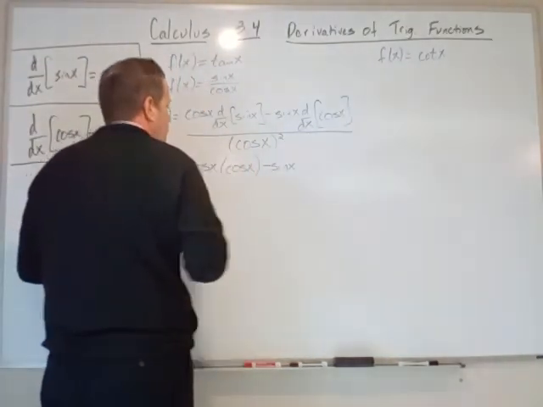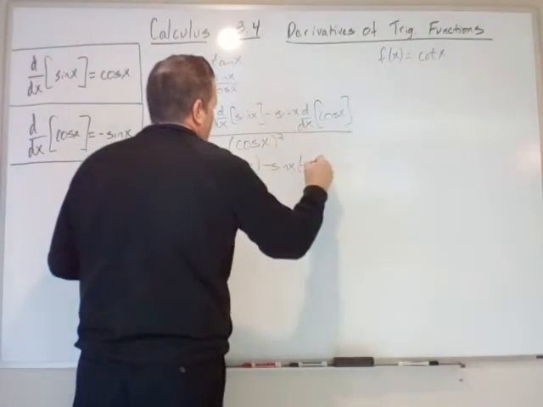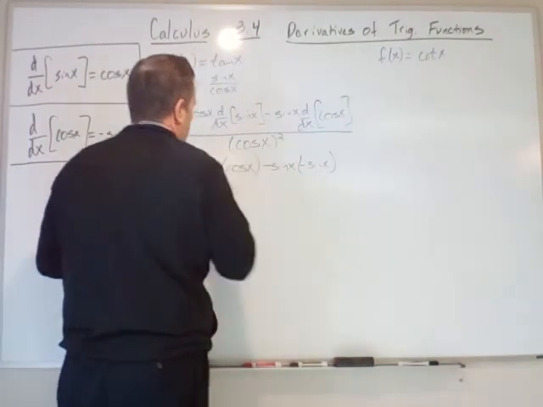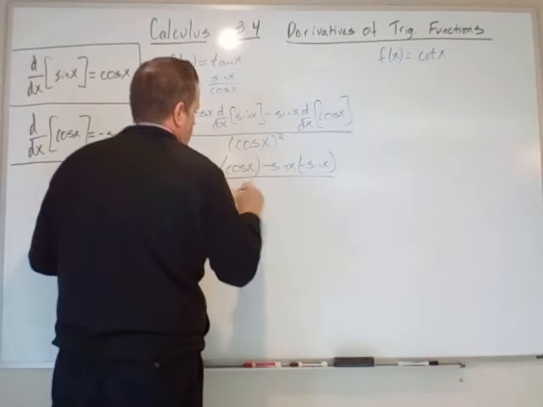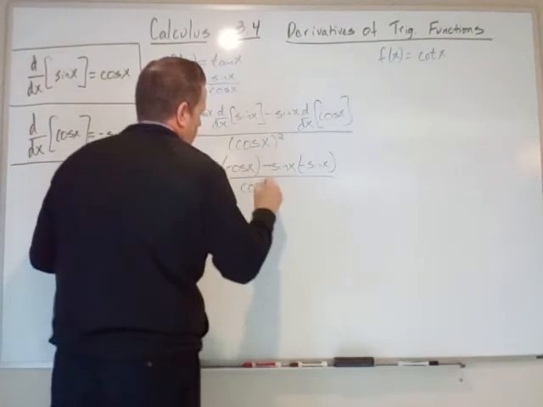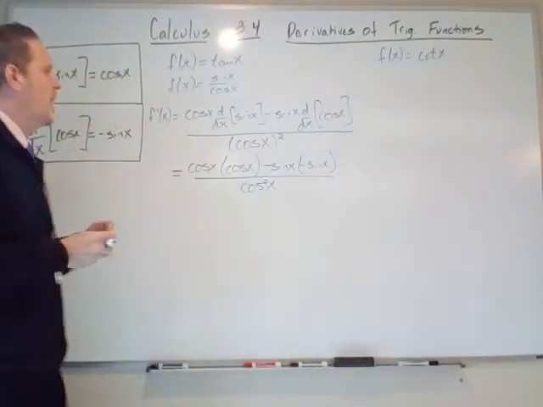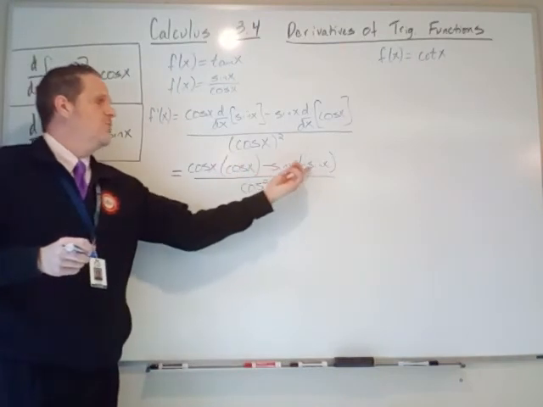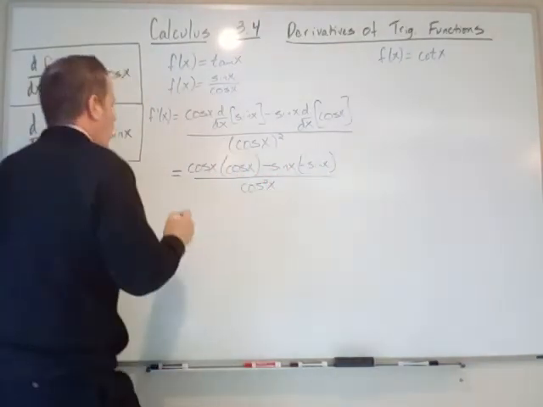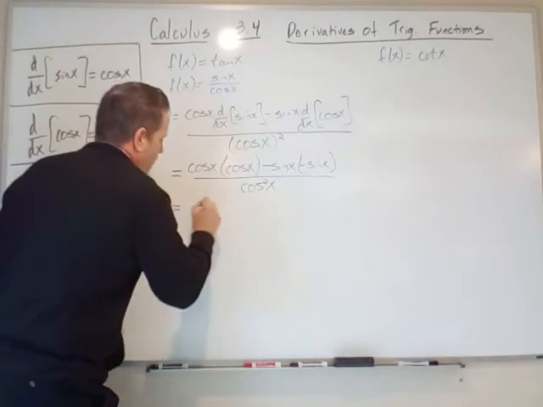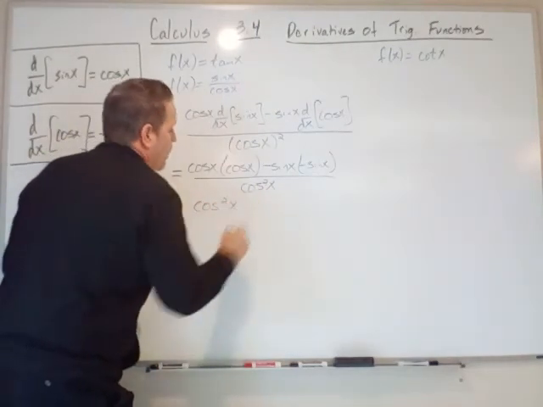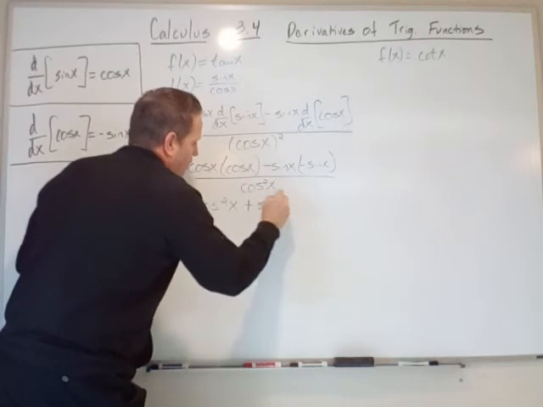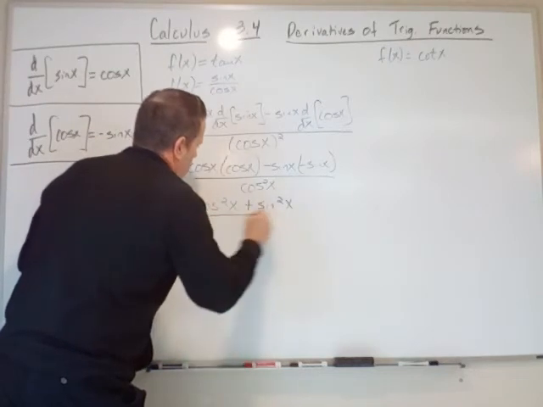Now the derivative of the cosine x is opposite sine x. And again, everything is over cosine squared x. So I've got cosine x times cosine x, then I've got negative sine x times negative sine x. Okay, which means I've got cosine squared x plus sine squared x.